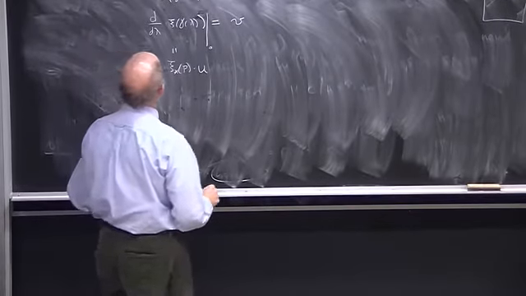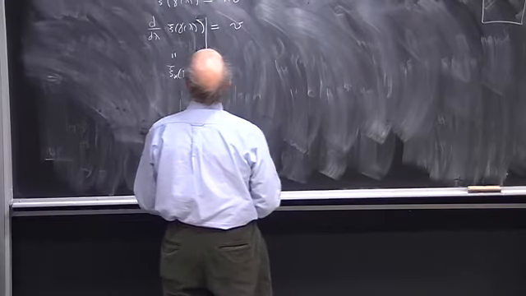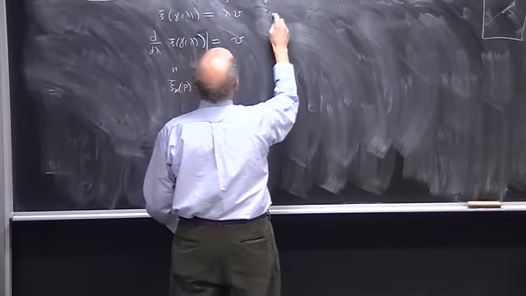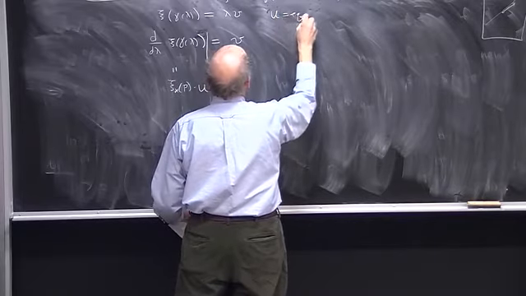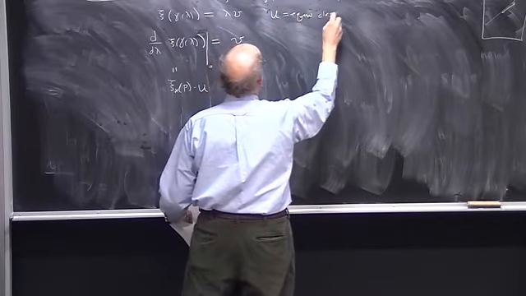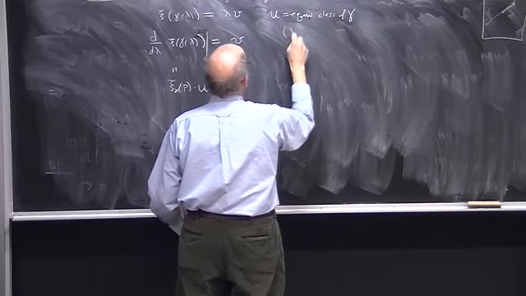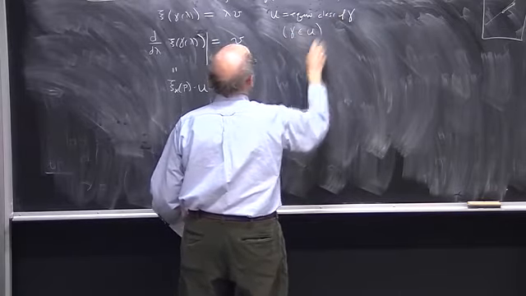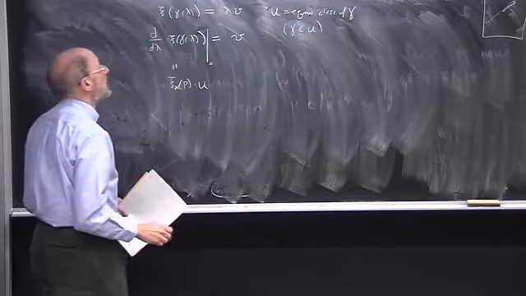I forgot to say, let us define U to be the equivalence class of gamma. In other words, choose a vector U, an equivalence class to which gamma belongs.